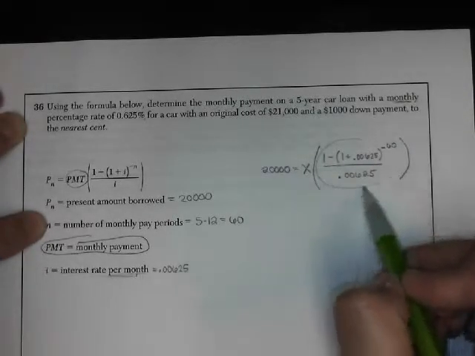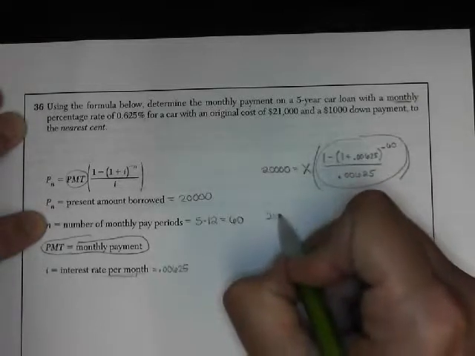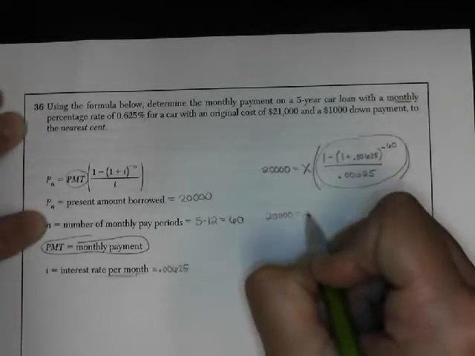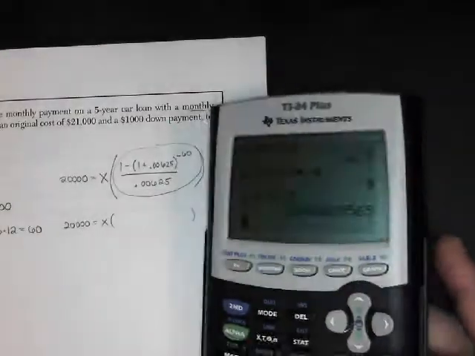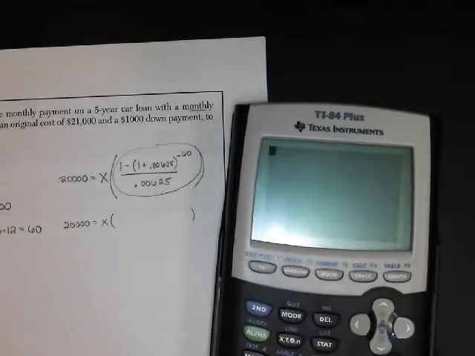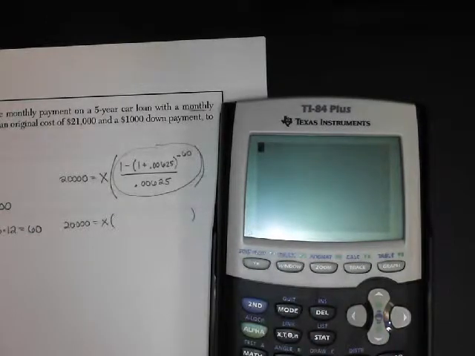So I'm just going to come up with this number on my calculator, being very careful to type it in properly. So my entire numerator should be in parentheses.